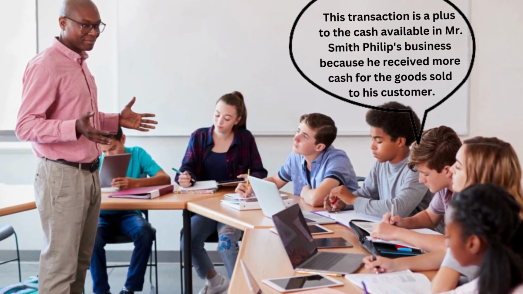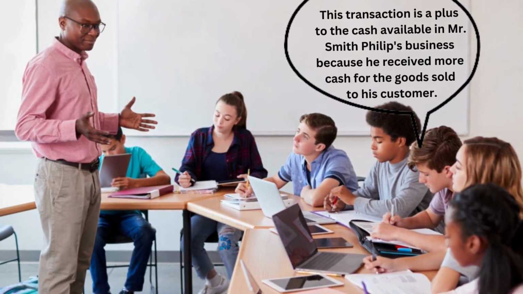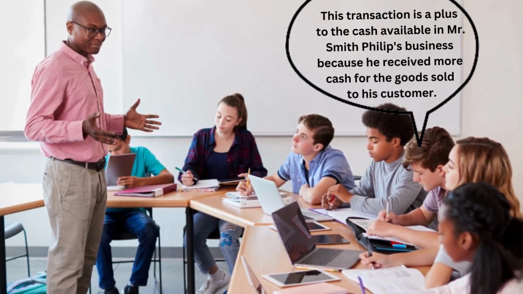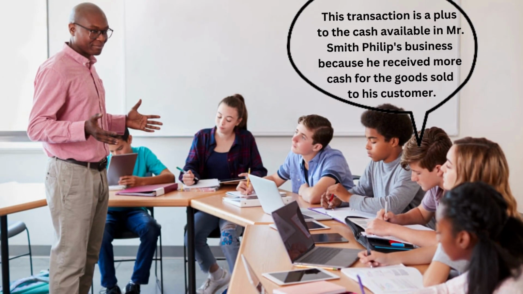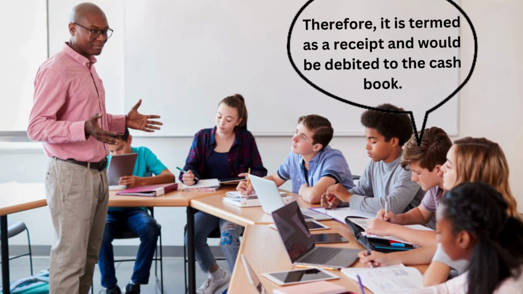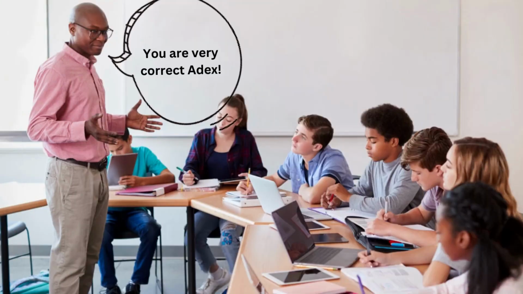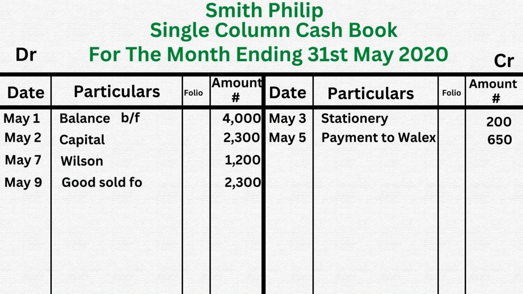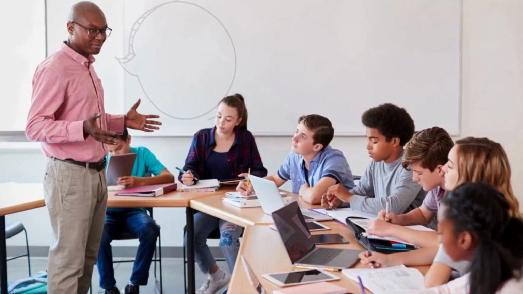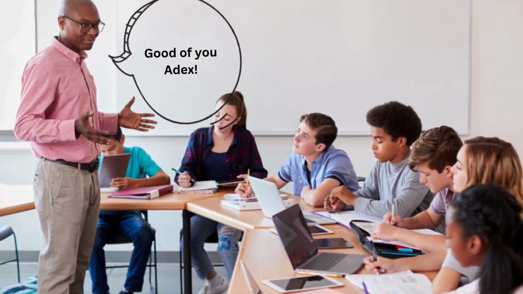This transaction is a plus to the cash available in Mr. Smith Phillips' business because he received more cash for the goods sold to his customer. Therefore, it is termed as a receipt and will be debited to the cash book. You are very correct, Adex. You have said it all. Here it is on the debit side of Mr. Smith's cash book. Good of you, Adex.